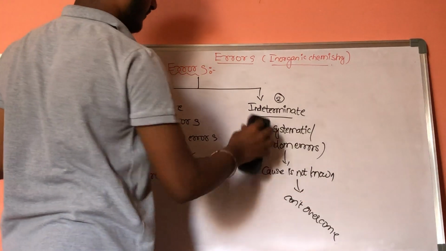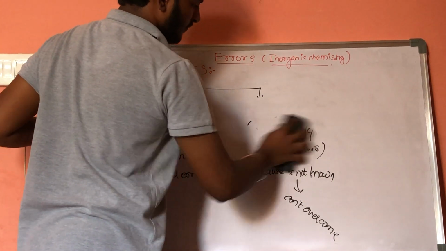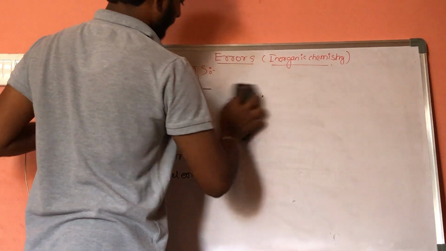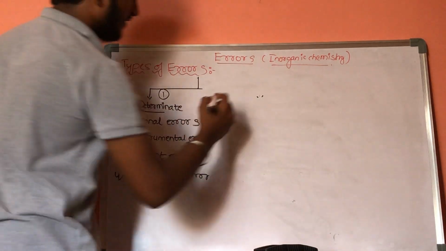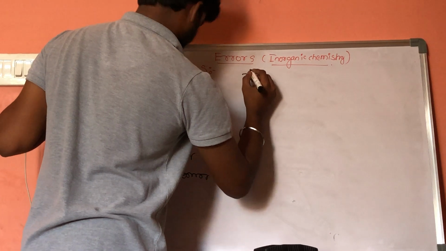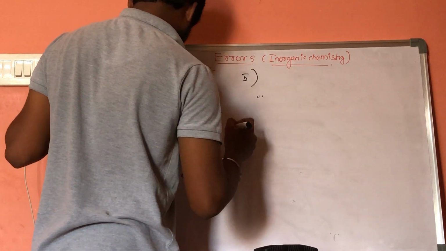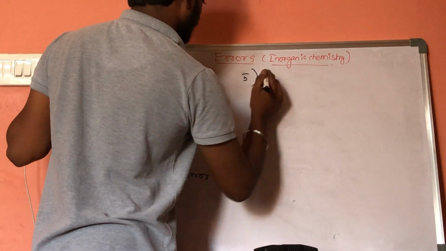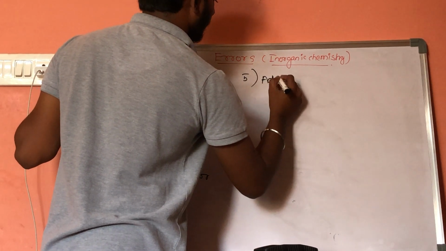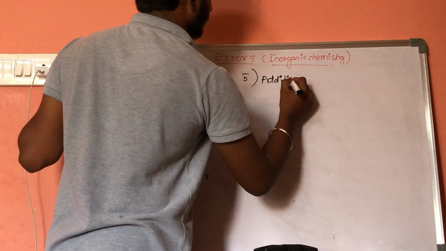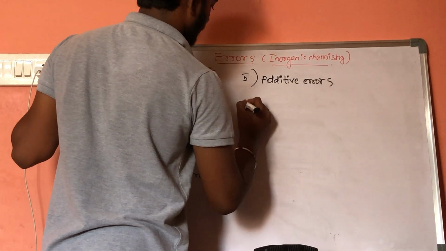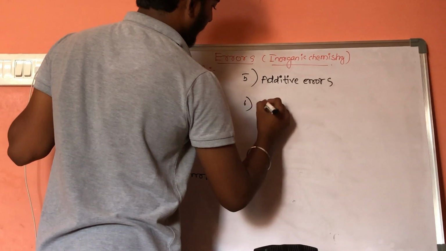And the fifth one is additive errors. Sixth one is method error.